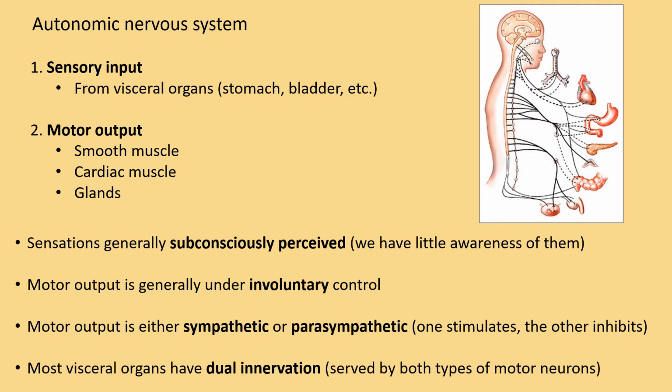So we have seen probably this exact slide before. Your autonomic nervous system is responsible for subconsciously perceived visceral sensations. So the sensory input in the ANS is from your visceral organs, the walls of your blood vessels, the walls of your hollow organs, etc. And then the motor output is, as we just mentioned, smooth muscle, cardiac muscle, or glands.